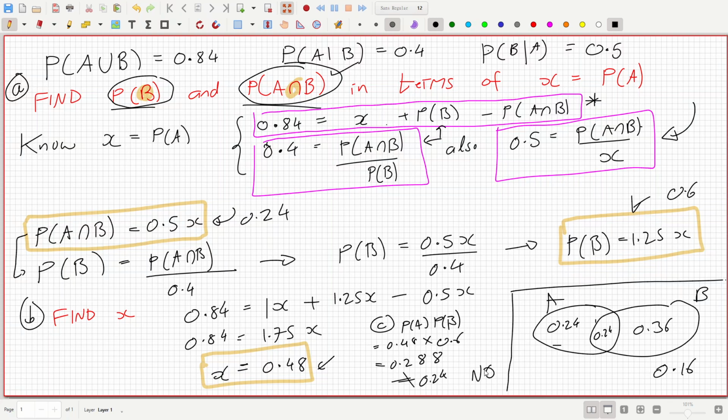So the answer is no, they're not independent, because the probability of A, which is 0.48, times the probability of B, which is 0.6, is 0.288, which is not the intersection 0.24. So, sorry, this bit squished in on the page, isn't it? But there you go.